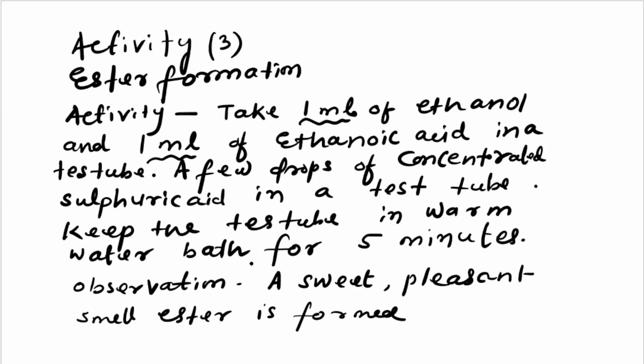Again, take 1 ml of ethanol and 1 ml of ethanoic acid in a test tube. A few drops of concentrated sulfuric acid are added in the same test tube, not in another test tube. In that test tube they will react with each other. Alcohol reacts with acid and gives ester.